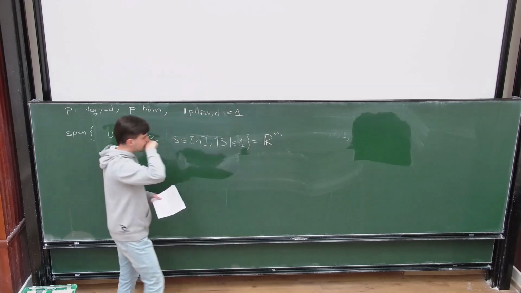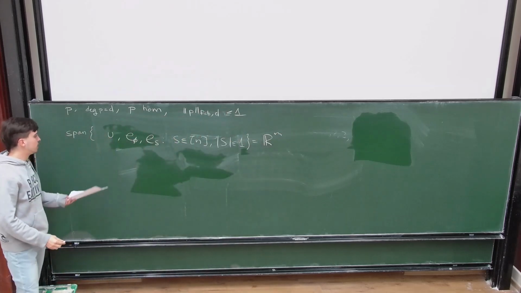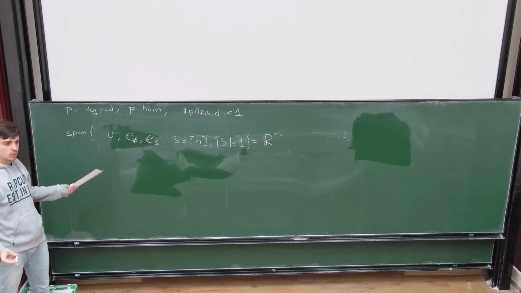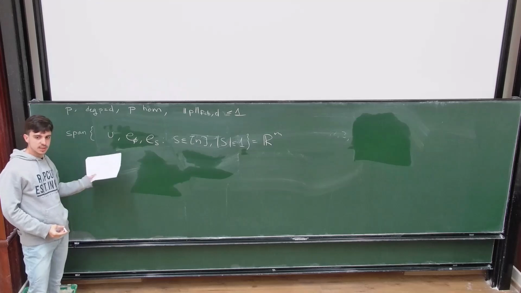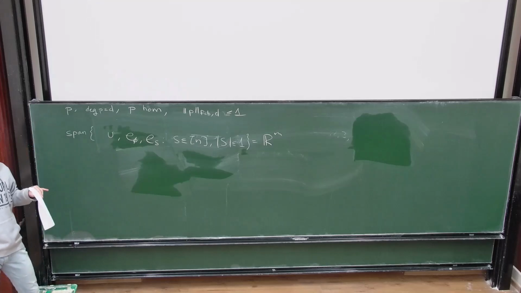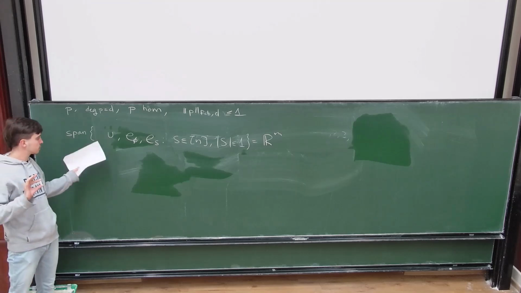Now you're going to look at some Rn, and this Rn is going to be of dimension equal to the number of symbols that we have here. So these are just symbols to denote an orthonormal basis of my space. Okay, and these symbols are going to be convenient for us.